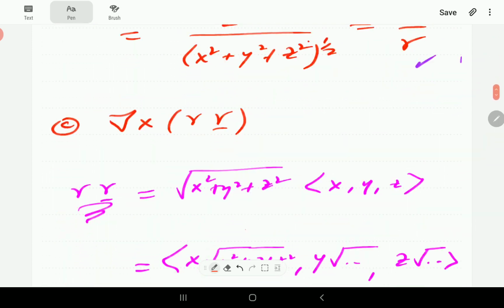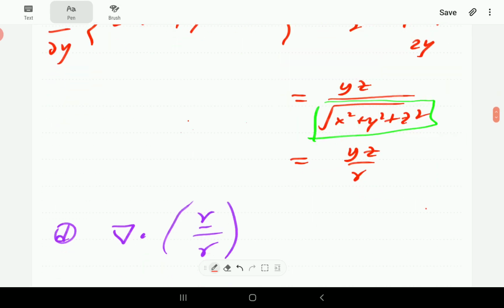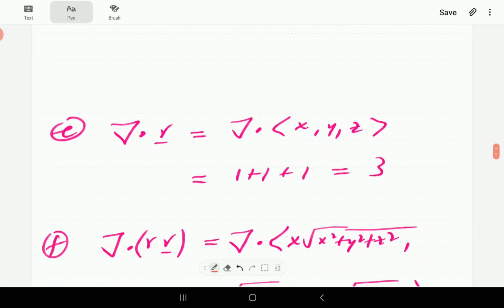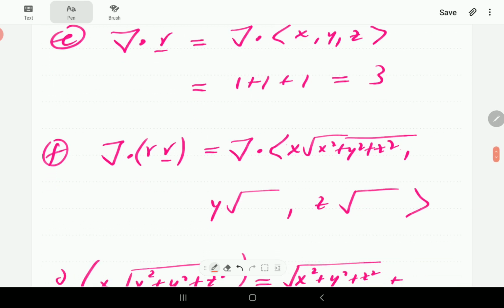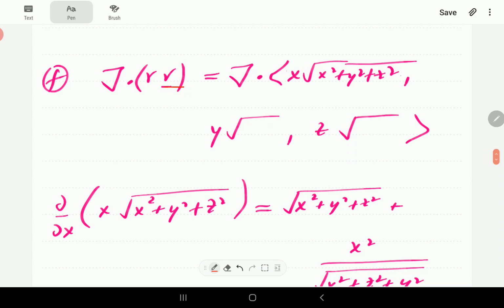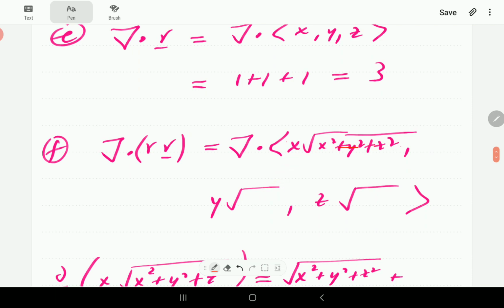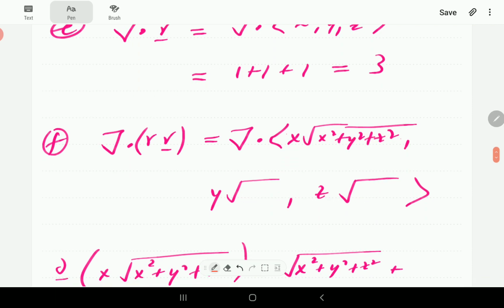So for E, we just have the divergence of the position vector r. So it's just going to be the derivative of this with respect to x, this with respect to y, this with respect to z. So it's just going to be 3. Then here we've got the divergence of this vector here. This vector, if you multiply the vector r by the position vector, this is what you're going to get: the x component, y component, the z component.